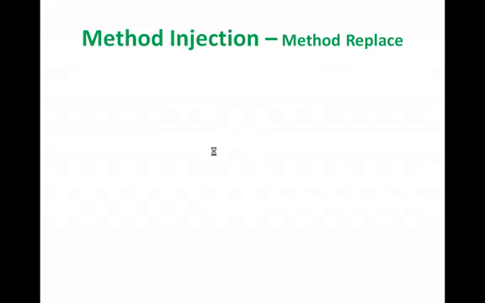Coming to the concept of method injection, this is a very good concept offered by the Spring framework. Let us say we have a class which we are using based on a license, and we don't have any rights to replace or override its methods, and we are not satisfied with one of its methods' implementation.